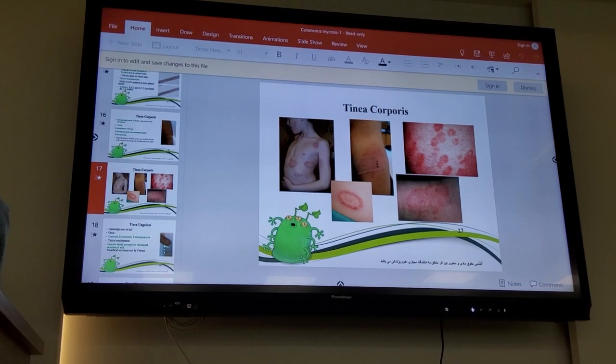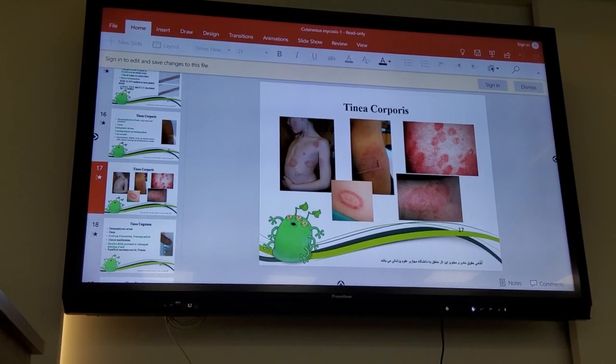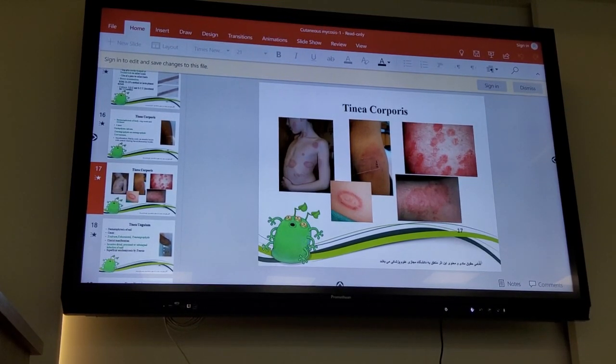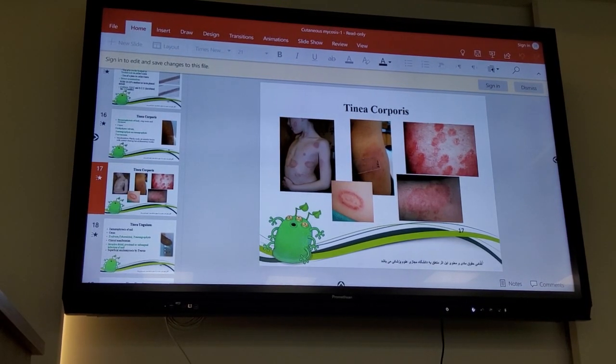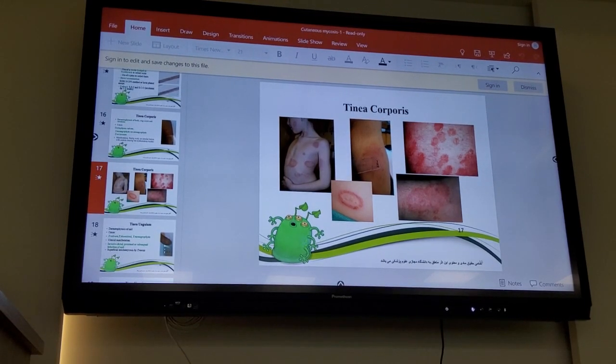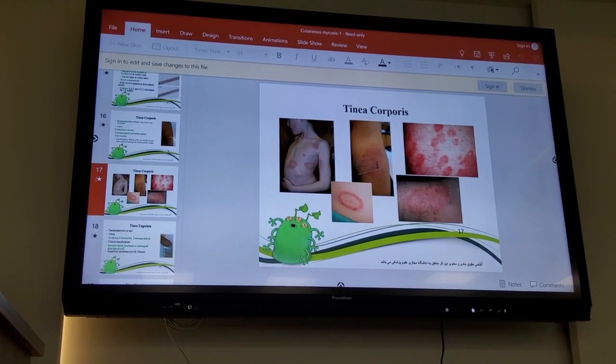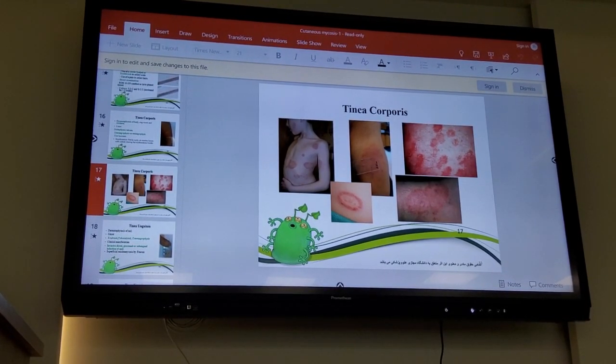If you have an incorrect diagnosis, the treatment of the disease causes problems. In tinea corporis, in dermatophytosis, you must use antifungal, and if by mistake you use corticosteroid, the infection changes to a high reaction, an acute reaction.